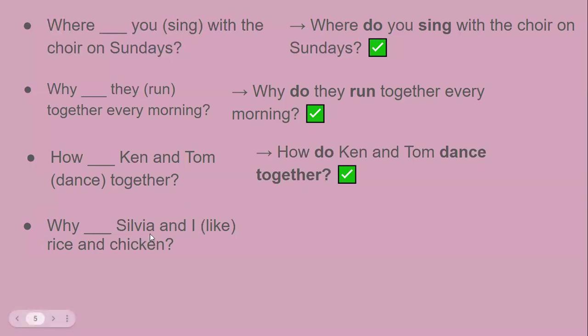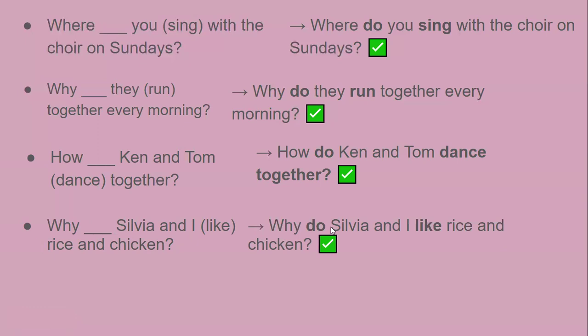So this is similar to we. So for the subject I, you, they, and we we use do. And therefore, the sentence becomes, why do Sylvia and I like rice and chicken?